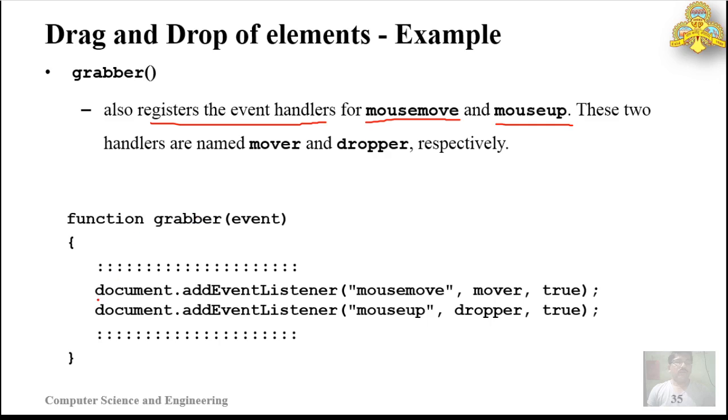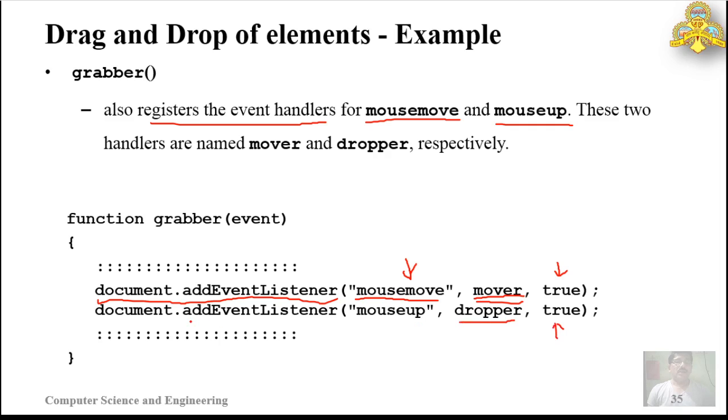For the document it adds event listeners by calling addEventListener, first for mouse move. For the element, the mouse move event handler mover is used and propagation is specified as true. Likewise for mouse up, the dropper function is assigned and again event propagation is true.